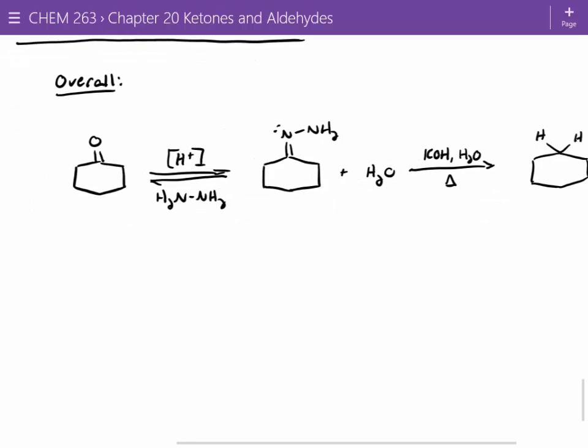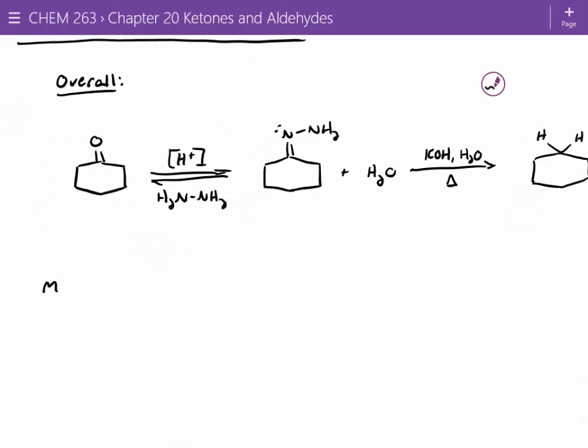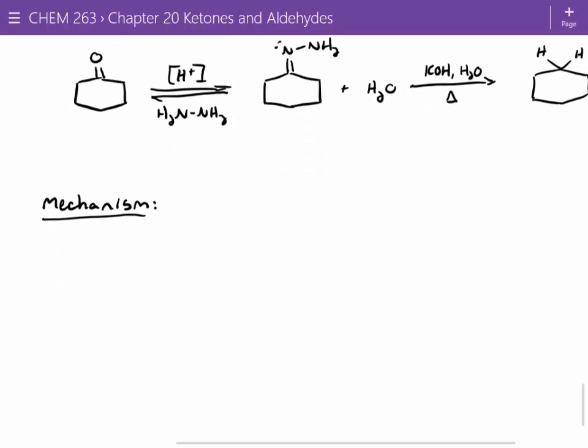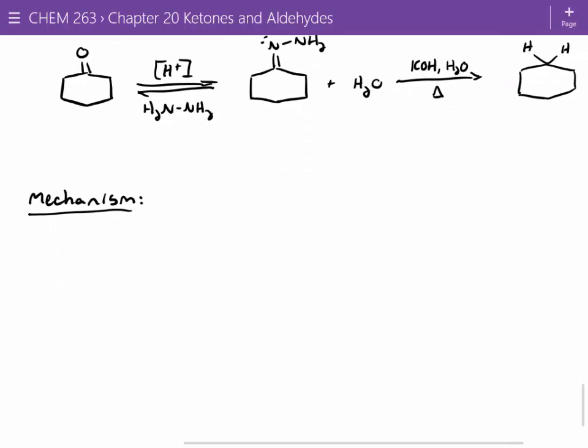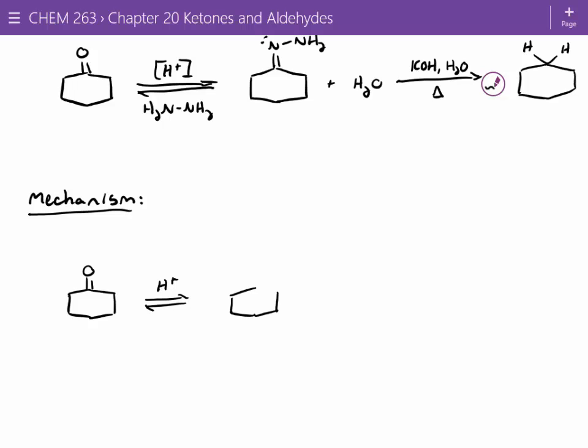So let's do the overall mechanism. And I'll do the imine formation as well, just for practice. So first step, we add in acid.